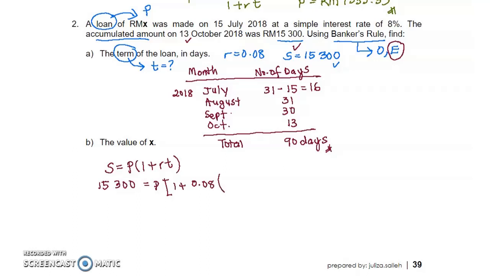T just now we got is 90 days, so T must be in years. So 90 days divided by 360, to convert to years. Why divided by 360? Because of banker's rule. So be careful with questions that ask you to use banker's rule.